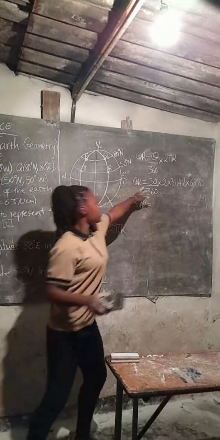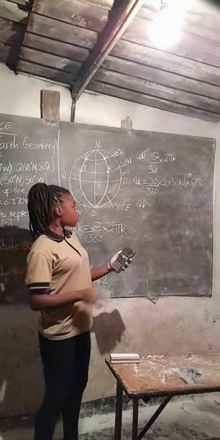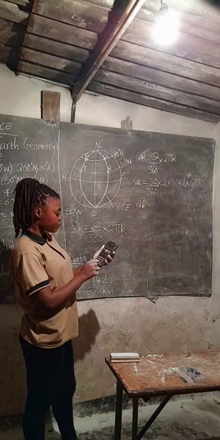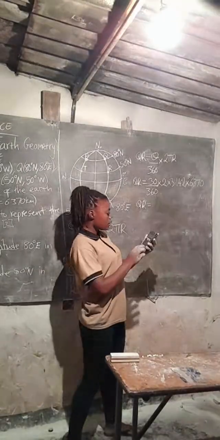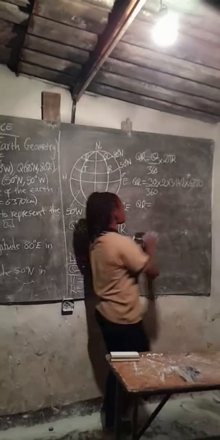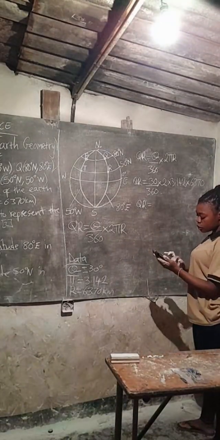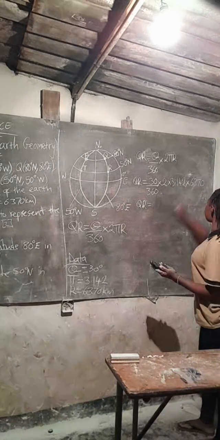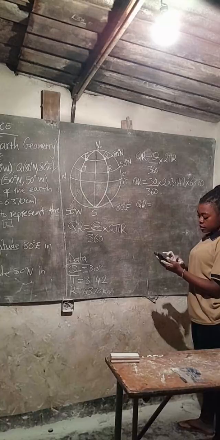Then let's punch that on the calculator, and I hope we get the same figure. So 30 times 2 times 3.142 times 6370.